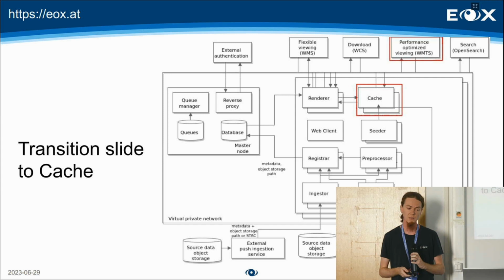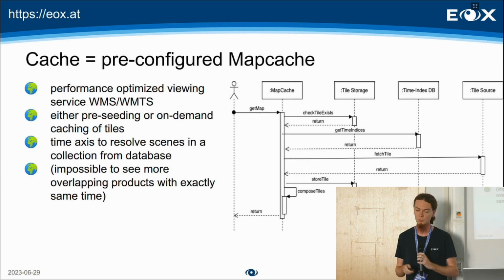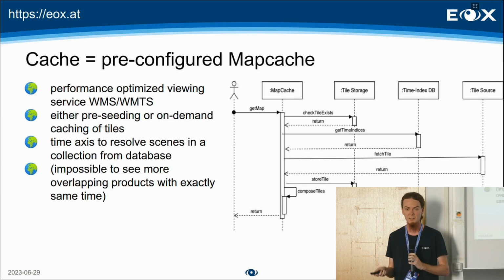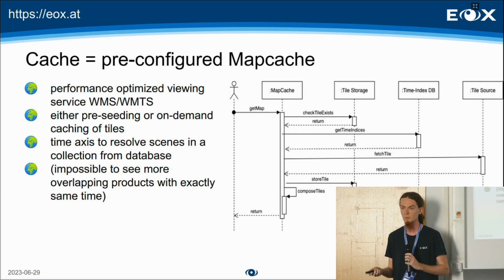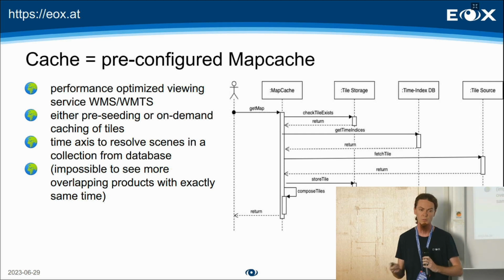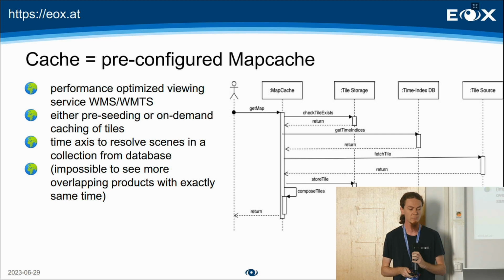The next is the cache service, which has two different endpoints, the WMTS and WMS, and it's always or almost always deployed together with the view server. It's a caching mechanism using the MapCache software, again open source, where the connection between them is that we pre-configure the MapCache configuration to be, for example, a subset of all the layers with predefined zooms into which you use the cache service.